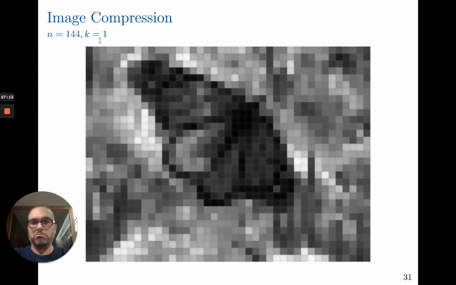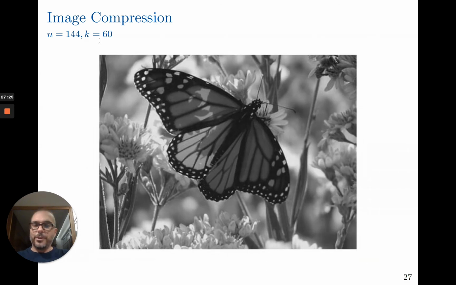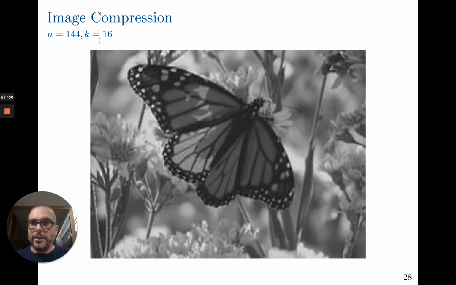Of course, with 1, it's very difficult to distinguish what's in the picture, but that's very high compression. If we take 144 dimensions and move to 60, so more than 50% reduction, you almost lose nothing. Maybe you are losing details that we cannot even eyeball. Even with 16, I think it's pretty good.